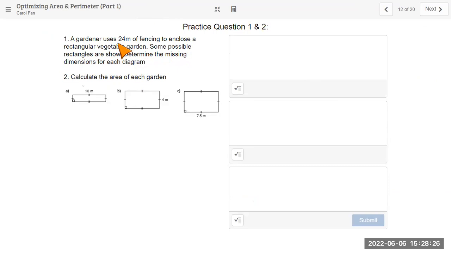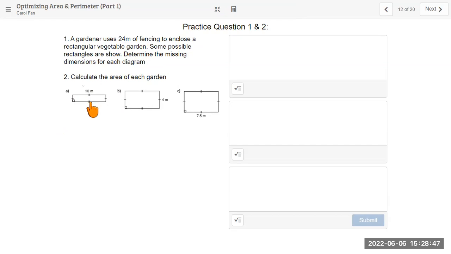Okay, so I know that there's 24 meters altogether. The first one would have 10 meters and 10 meters here. It doesn't indicate what I have here, but I need to use algebra to solve it.